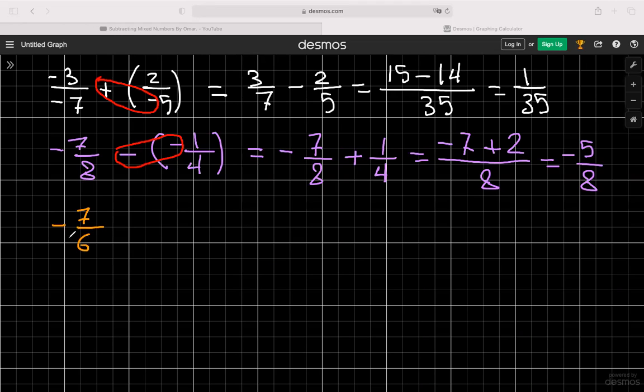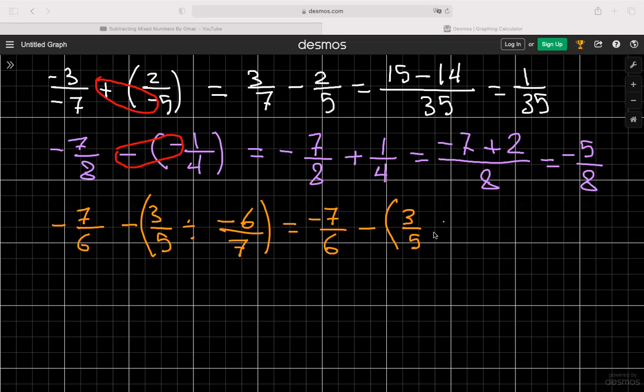-7 over 6 minus 3 over 5 divided by -6 over 7. So now order of operations, we have to do division first. And we keep this -7 over 6 the same. Then we have a minus. Of course, when we're dividing, keep, switch to multiplication, flip.